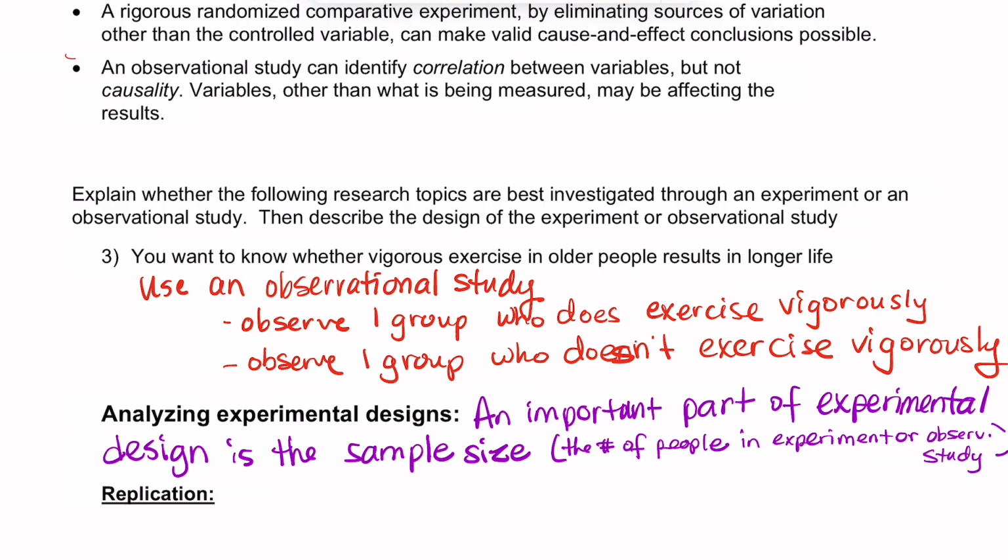Replication is where you have repetition of the experiment under the same or similar conditions. So running that experiment over and over again with other people and very similarly, that gives you a larger sample size and more information to work from.